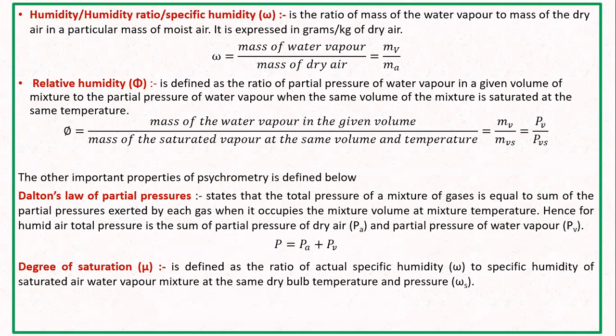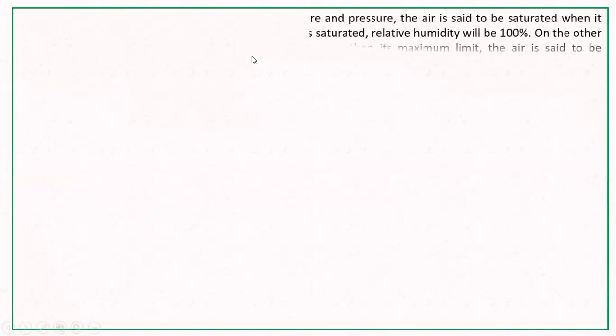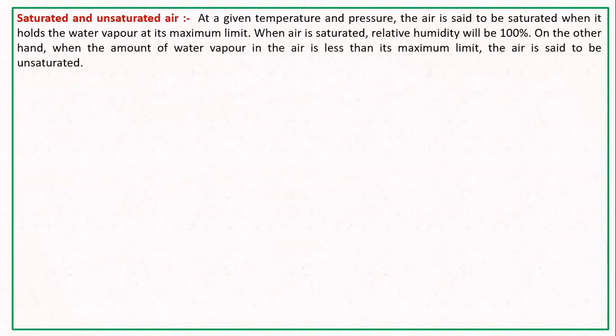What do you mean by specific humidity? It is nothing but the ratio of the mass of the water vapor to the dry air. We'll get into that in detail in the next slide.